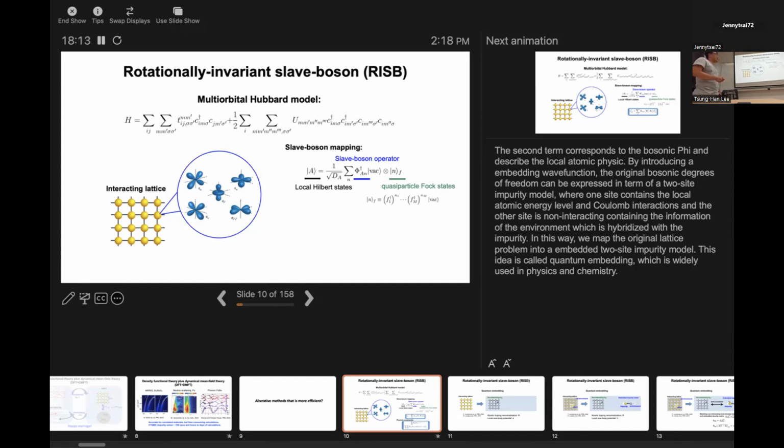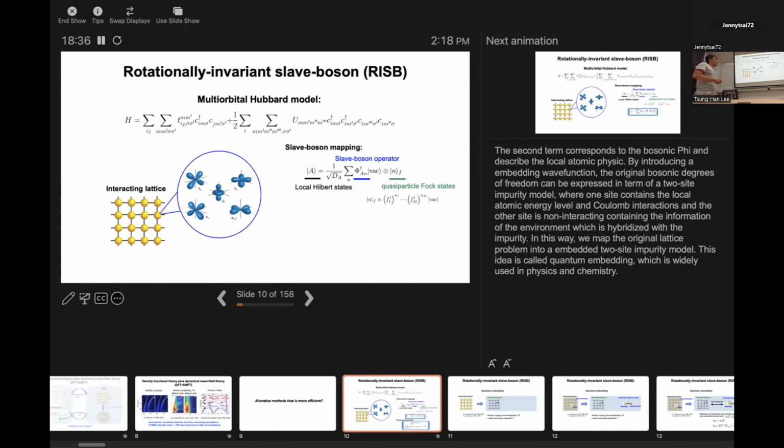This boson operator is a matrix where one index corresponds to the local Hilbert space, and the other corresponds to a copy of the local state that we call the quasi-particle Fock state. We use F to label these quasi-particle degrees of freedom.